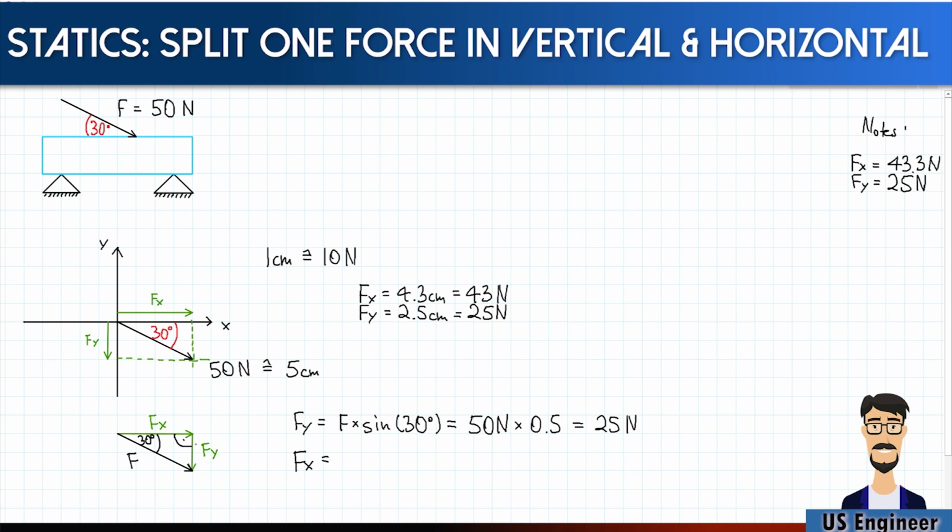In our case, the adjacent leg is Fx and the hypotenuse is again F. So rearranging that equation into Fx is going to give us F times cosine of 30 degrees, and that's equal to 50 Newton times 0.866, if you round it to 3 decimal places, and that is equal to 43.3 Newton.